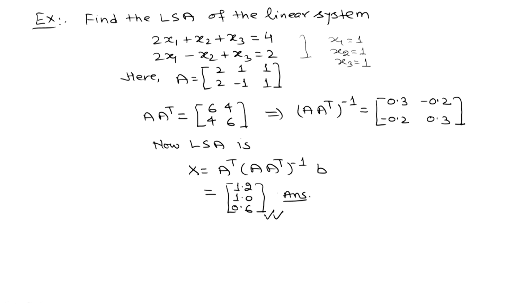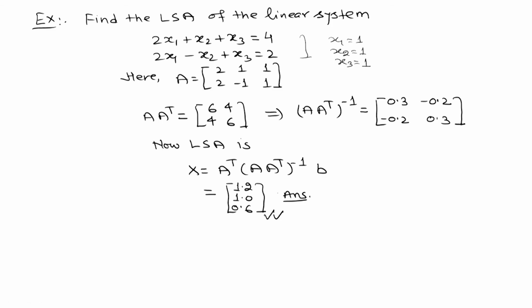Because while deriving this method, I told you I have to look among the infinite solutions for the solution which has the minimum norm of x, and the norm of x in this case will be the minimum for a solution which satisfies these two equations.